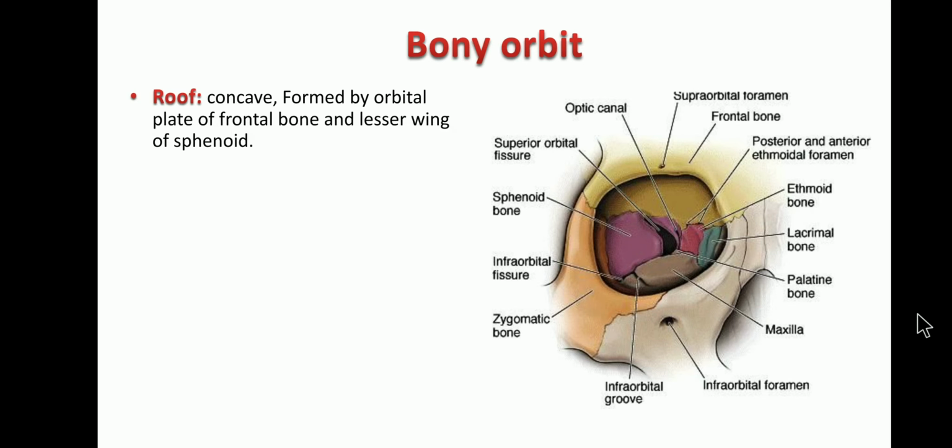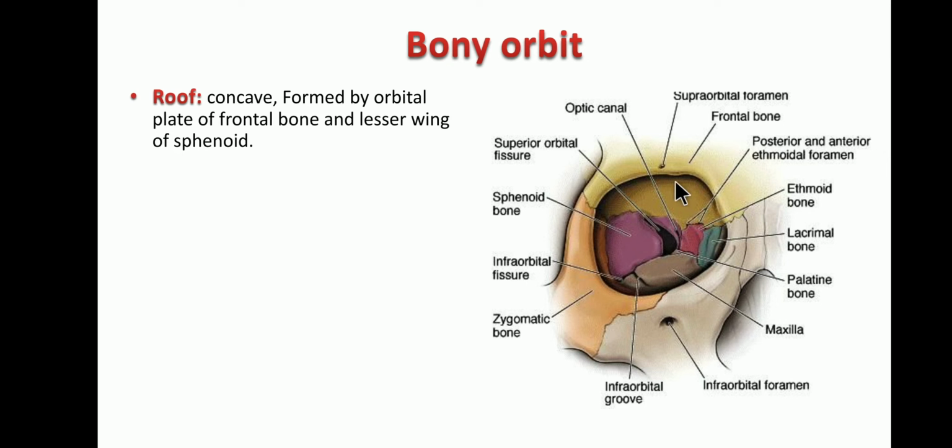Now we are finished with the apex and the base. Coming to the roof of the orbit, it is mainly formed by the orbital plate of the frontal bone, which forms the roof anteriorly, and posteriorly it is contributed by the lesser wing of the sphenoid.